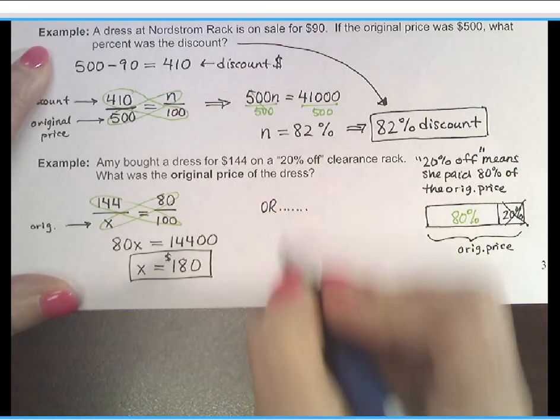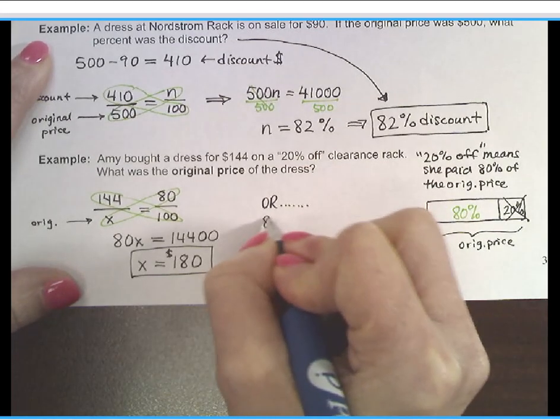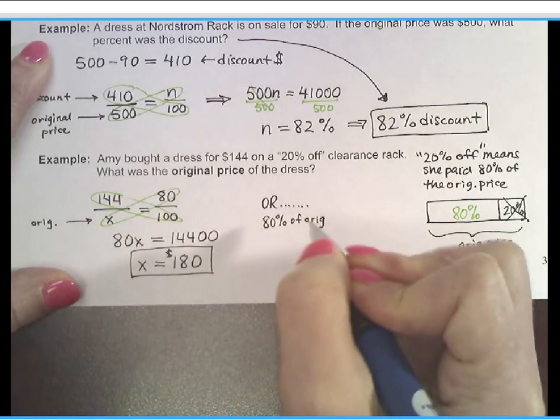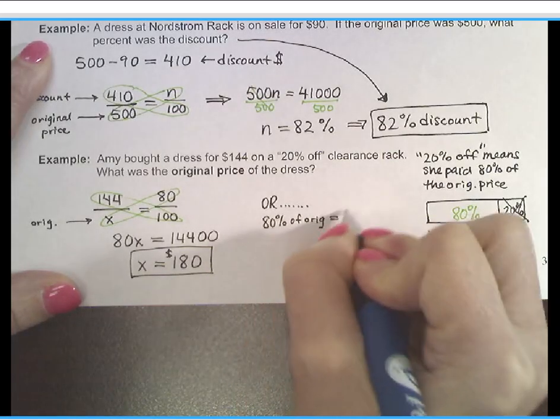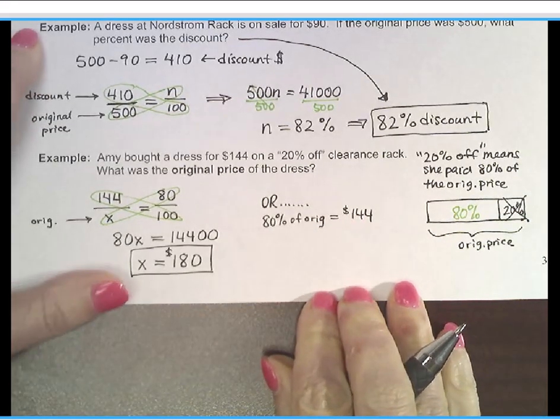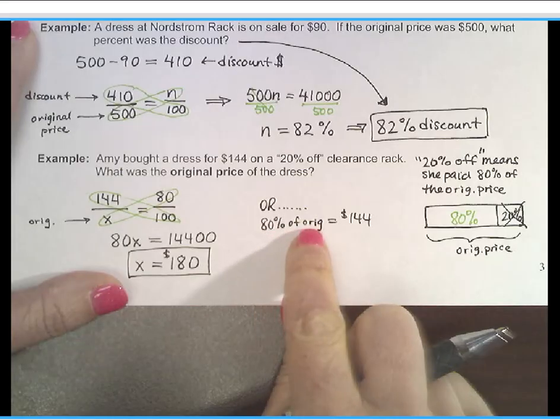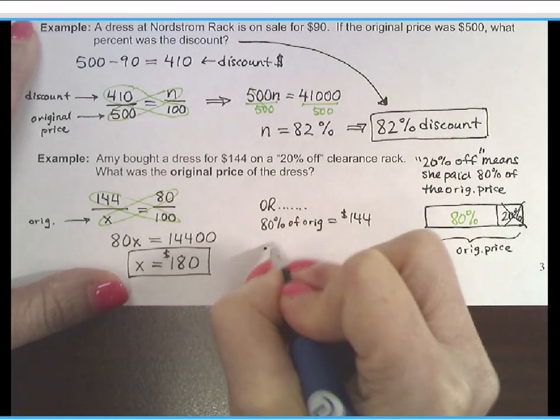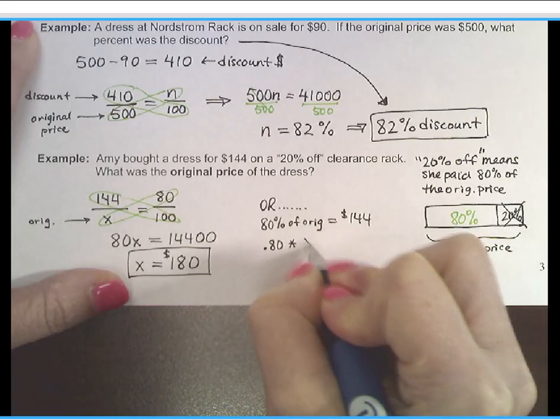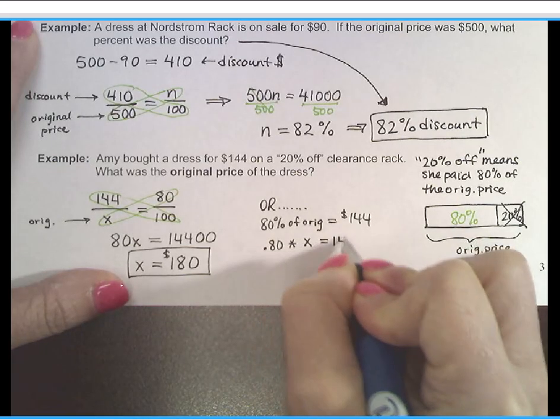Another way you can do this problem, or, you can say 80% of the original price is $144, right? 80% of the original price is 144, so 0.80 of the original price, I don't know, equals 144.